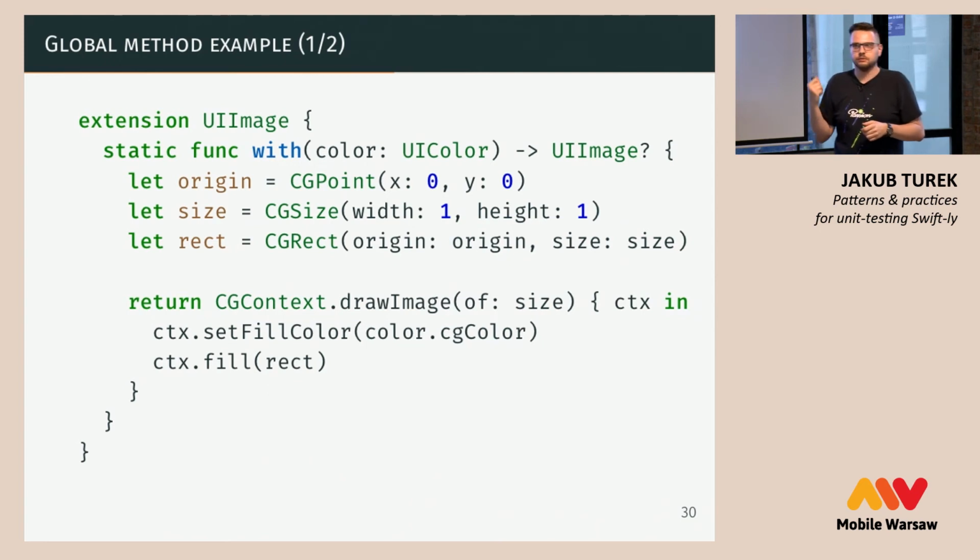This is the implementation from our project, and we came up with this pretty easy helper for drawing the images. So it just takes a closure with context inside, and you can call whatever drawing methods on the context that you would like.